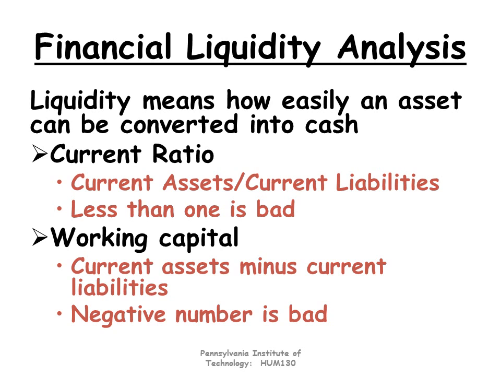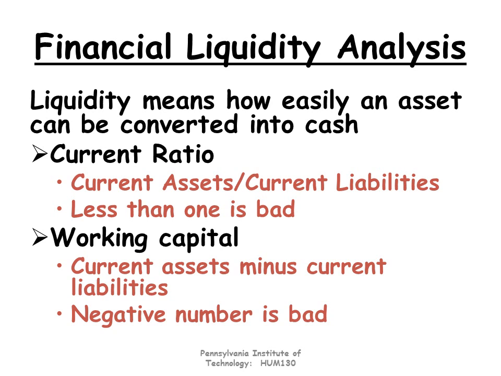One of the other things that we're going to be looking at in more detail this semester is called financial liquidity analysis, and we're going to be talking about this in more detail throughout the semester. Liquidity means how easily an asset can be converted into cash, and there are 2 measurements we're looking at here. Current ratio, which is the current assets divided by current liabilities.